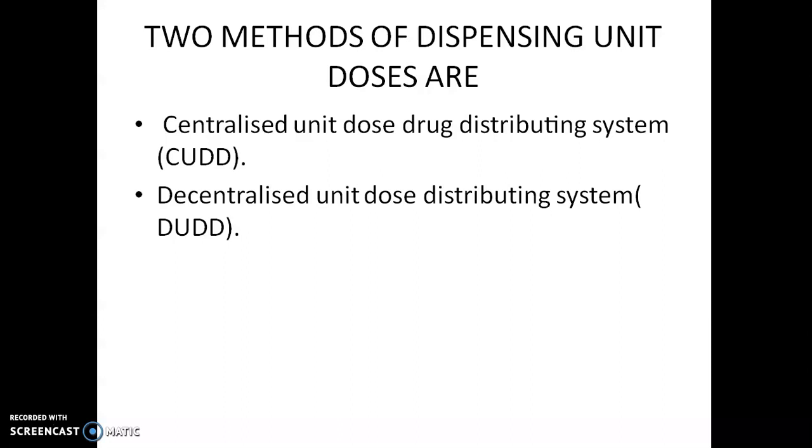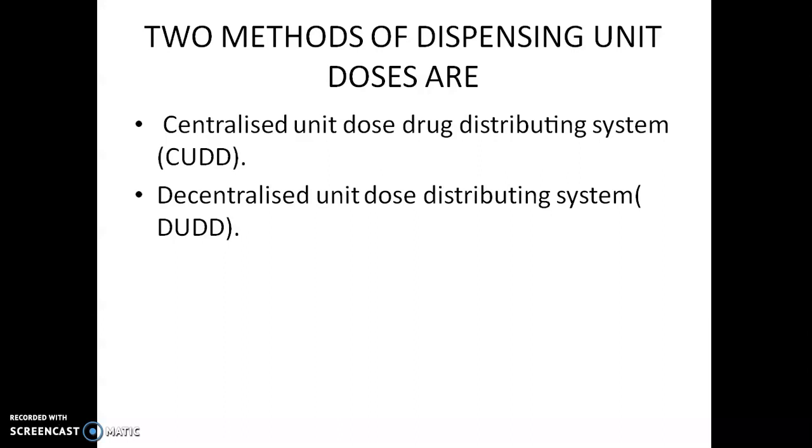It is generally done for the tall hospitals or modern hospitals which have more floors. So one centralized pharmacy is located at the first floor or ground floor and supplies medicine or drug as per the requirement, according to the prescription, to the pharmacists present at different wards or different floors.